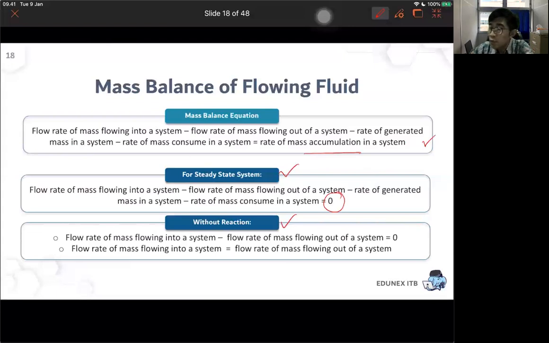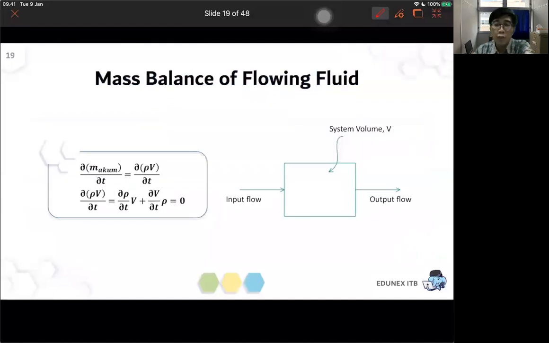Then the flow rate of mass flowing into a system will be the same as the flow rate of the mass flowing out of the system. Okay, simple, right?